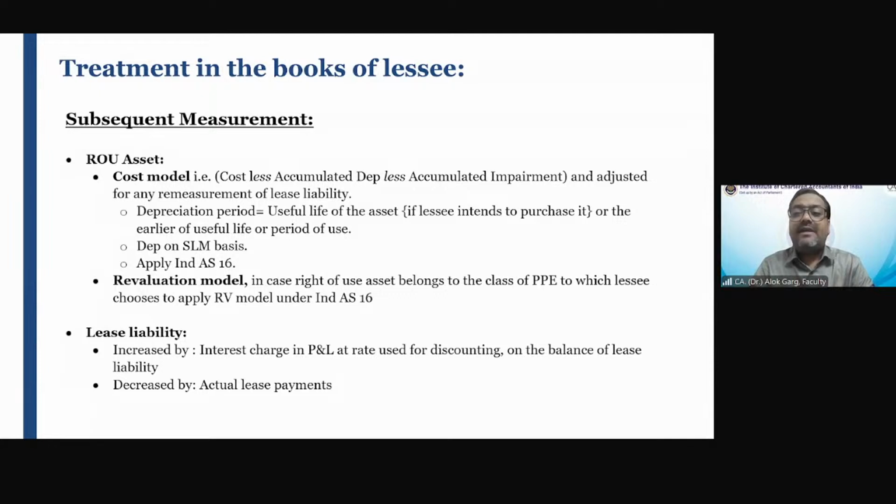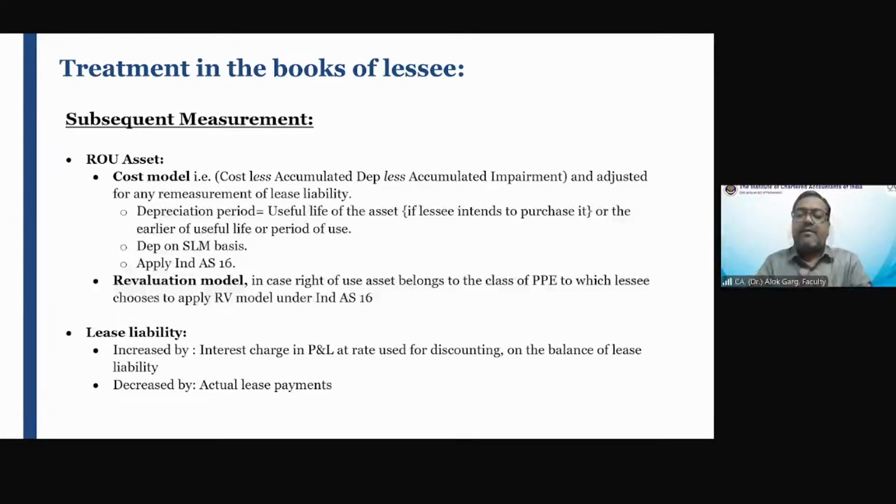But if there is an option to purchase the asset, and it is reasonably certain that the lessee is going to purchase the asset, in that case, the ROU is going to be depreciated over the useful life of the asset, not over the lease term.